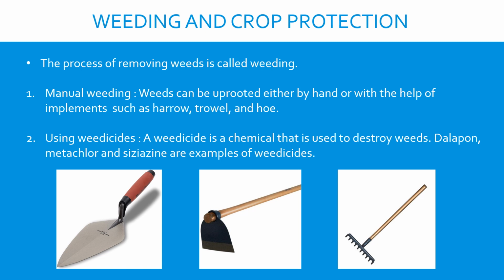And we have disadvantages for manual weeding also. It is very time consuming, as each weed should be removed with this implement or by hand, and it also may lead to accidental removal of desired crops. You can see that we are using this type of implements while we are taking out the weeds.